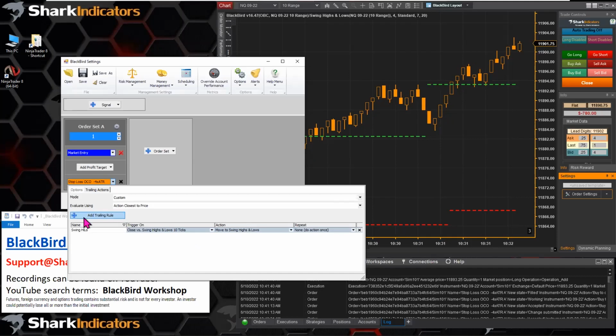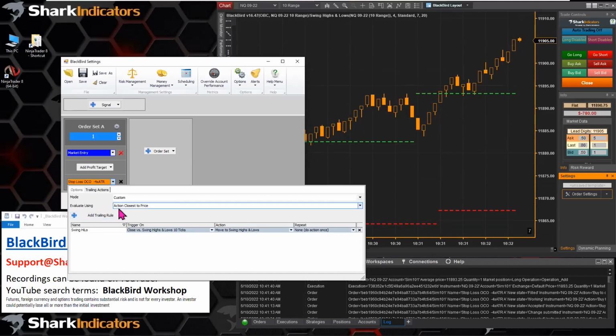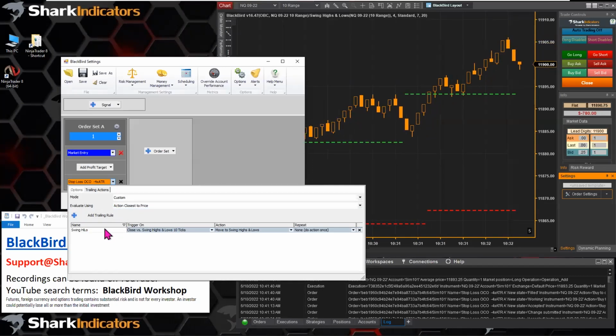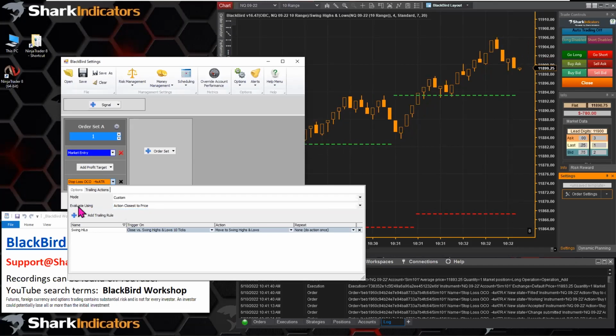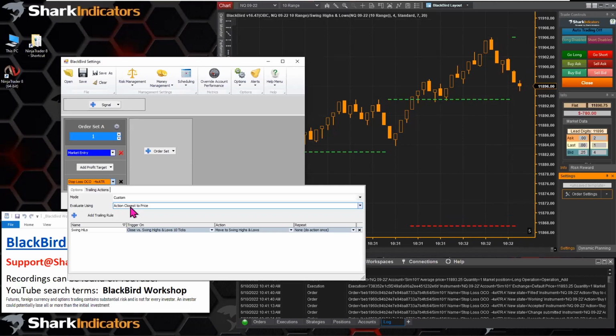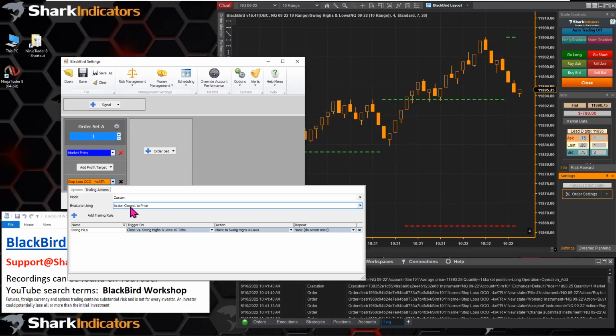And so keep in mind that the evaluate using is what determines whether BlackBird will move the stop loss closer to the market or further away. So it's this evaluate using. The default behavior for a stop loss is you always move a stop loss closer and closer to the market price.